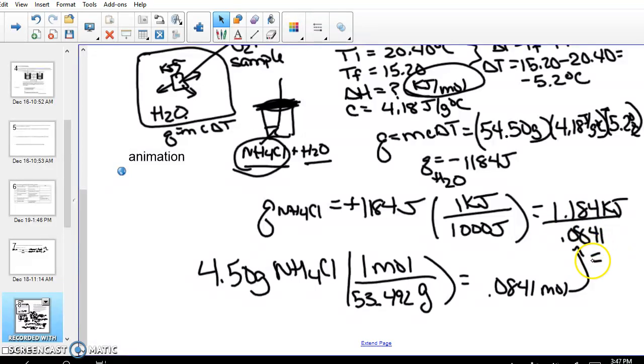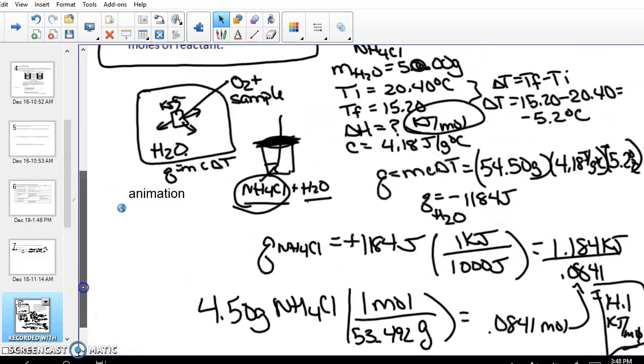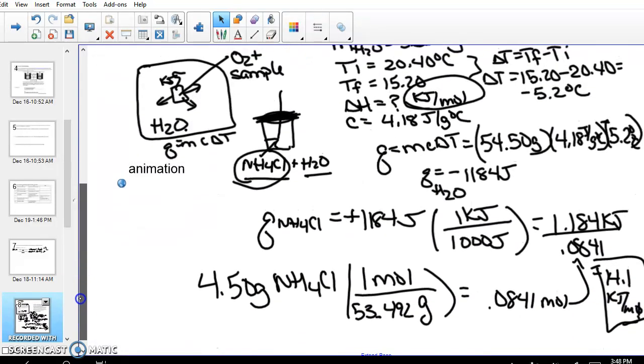And when I do that, I get a final answer of 14.1 kilojoules per mole. That's my final answer. So what does this tell me? That tells me that if I were to dissolve 1 mole, or 53.492 grams of ammonium chloride in water, I am going to absorb 14.1 kilojoules of energy.